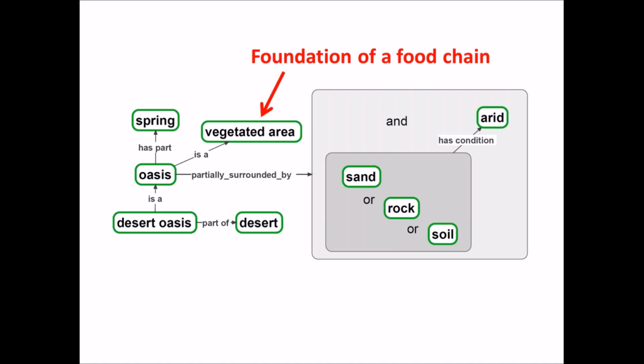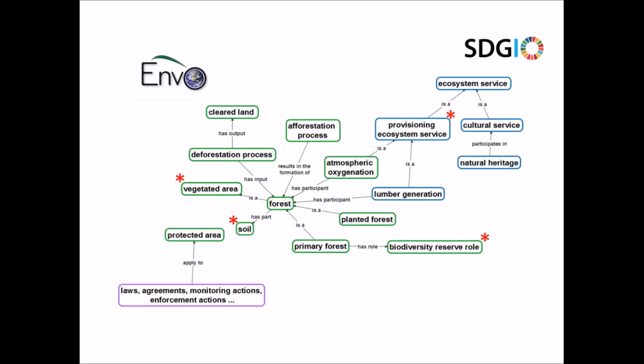So if you're using a food class from Foodon, the ontology knows, so to speak, that it is connected to environments through a particular path in the web of knowledge. The same is true here. Things that are marked with a red asterisk are, again, highly relevant to Foodon.